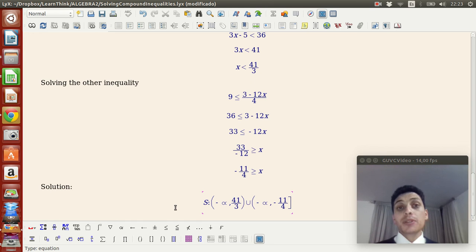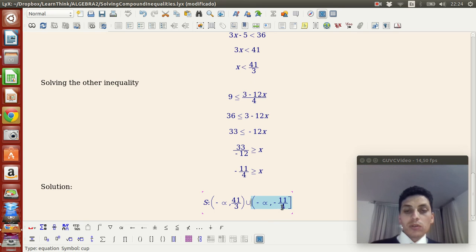However, sometimes if you look at both inequalities, as you're choosing one or the other, you can find that one of the answers is a subset of the other answer, so you choose just the complete answer. For example, here, minus infinity to 41 thirds is a set that includes minus infinity to minus 11 fourths.